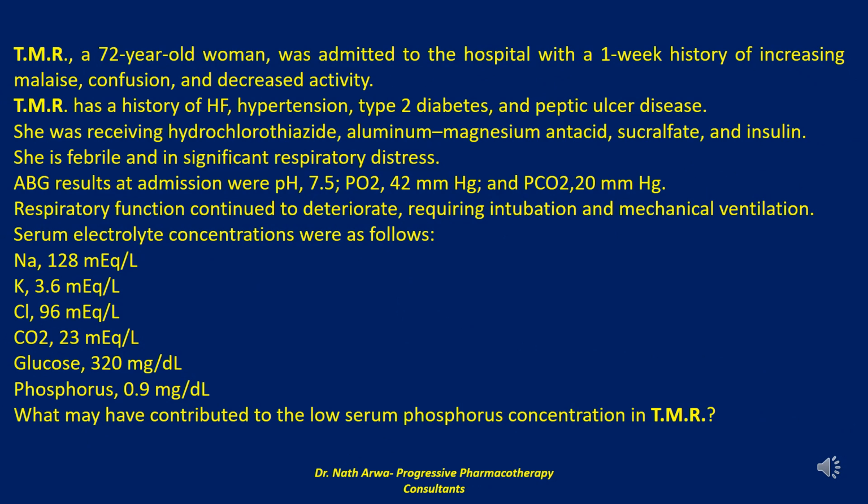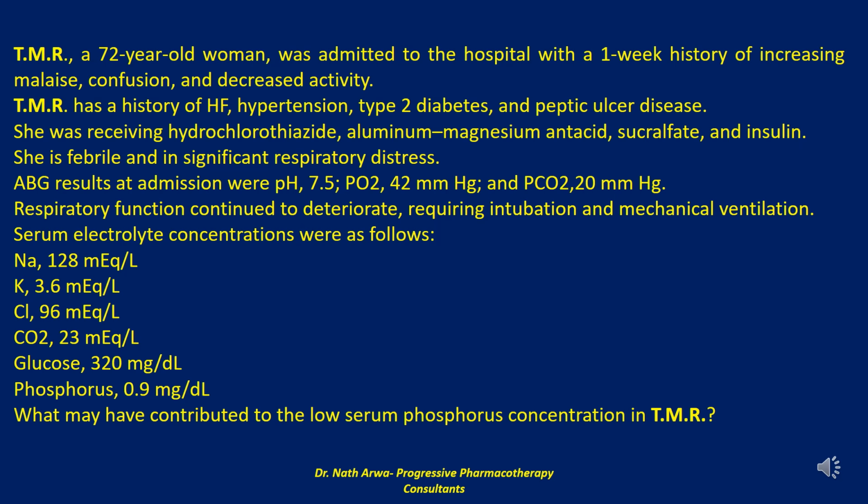Impaired phosphorus absorption secondary to malabsorptive conditions, prolonged nasogastric suction, and protracted vomiting can also result in hypophosphatemia. In TMR, the use of aluminum-containing and magnesium-containing antacids may further reduce phosphorus absorption.